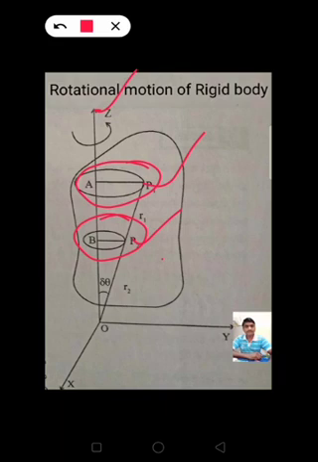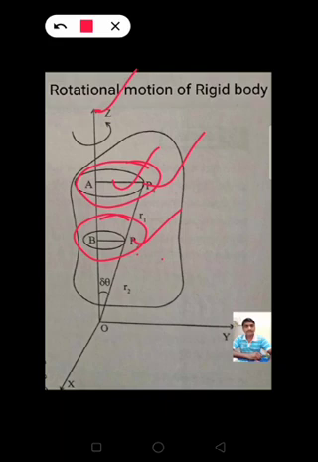Both the particles are moving around the axis OZ with different radii. Here the perpendicular distance between the point of rotation and the point where the particle is present is defined as radius of rotation. So for particle 1, P1, the radius of rotation is AP1, and for the second one, BP2.